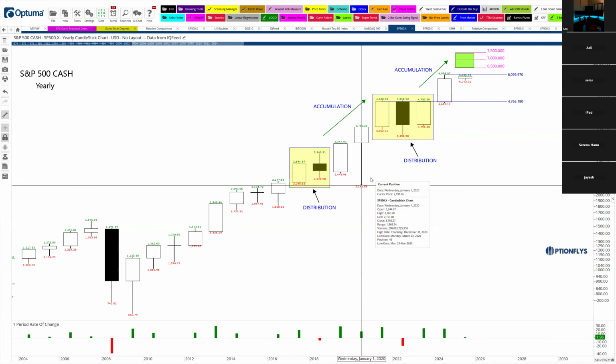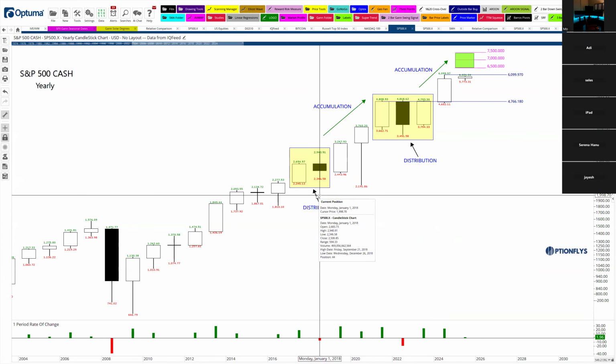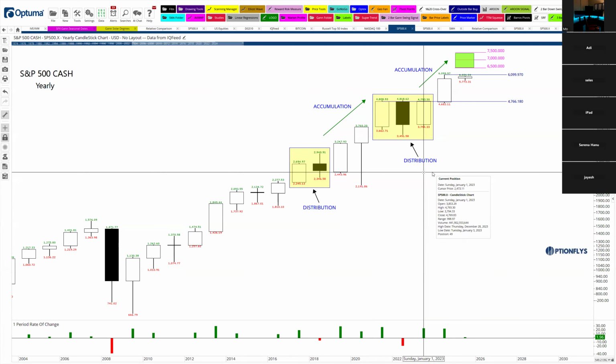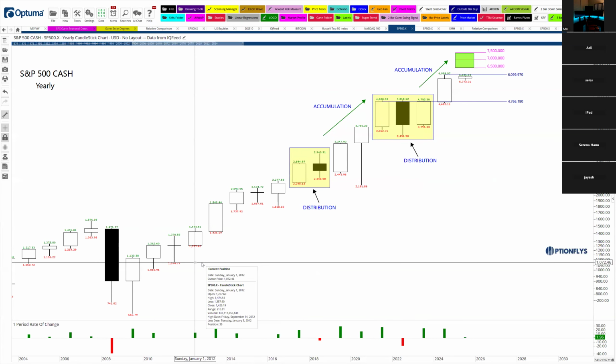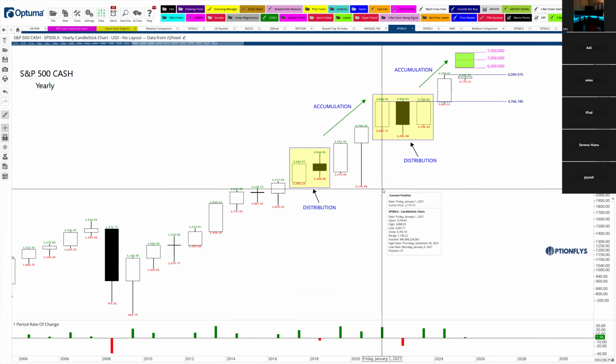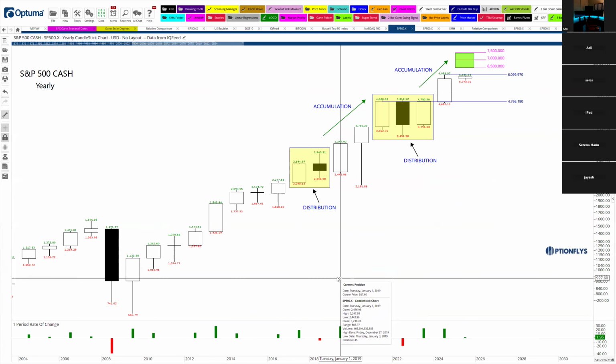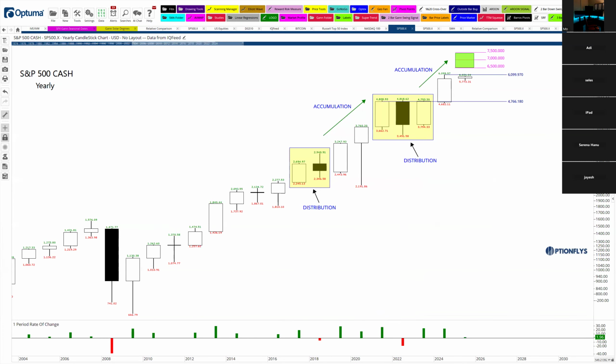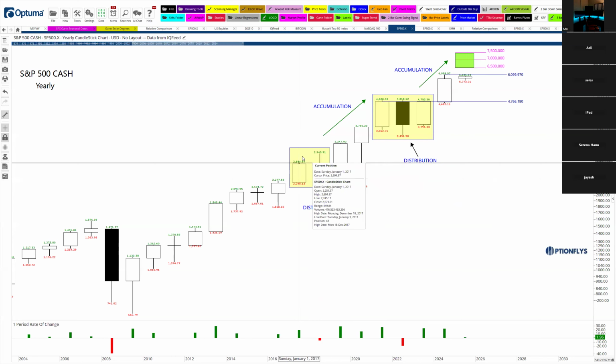We'll see what happens. But if you look at the bigger picture and what the market has been doing, I had that accumulation distribution here. I think it went off. Anyway, it doesn't matter.